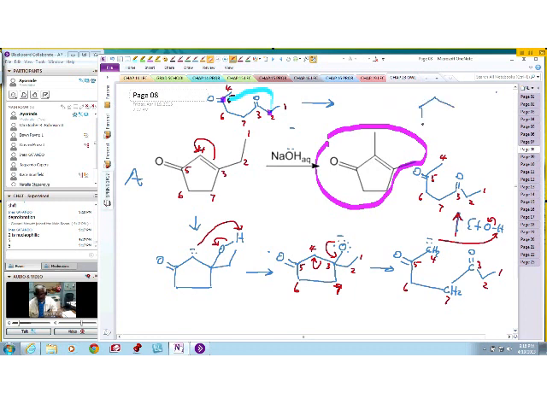We say carbon number 2 is joining to carbon number 5. If that is the case, then carbon number 3 will be there.